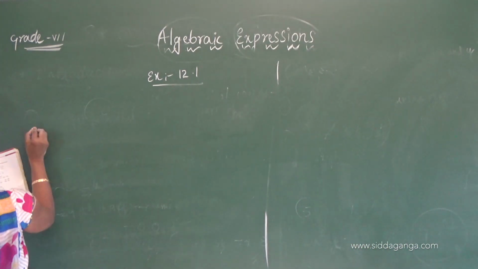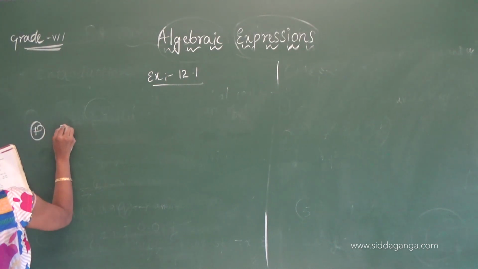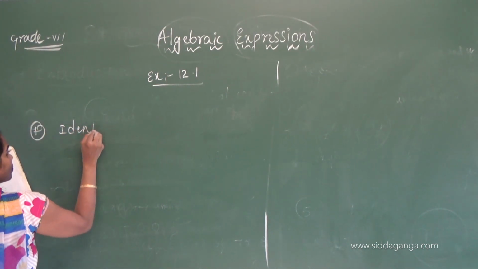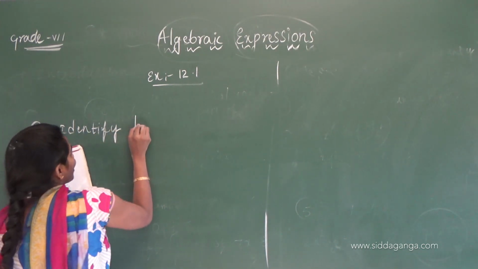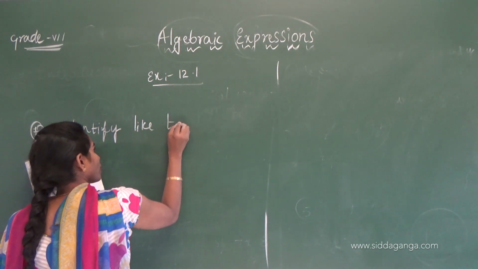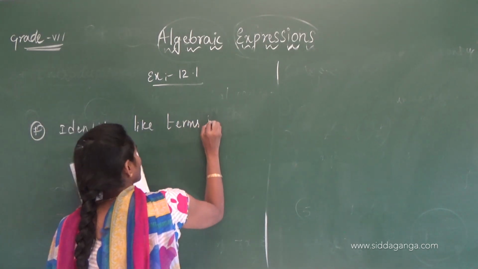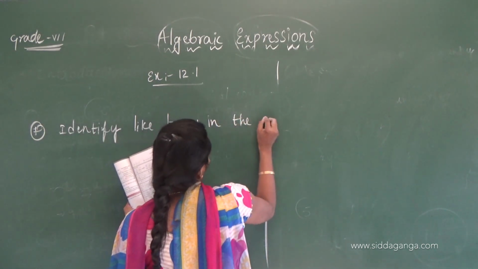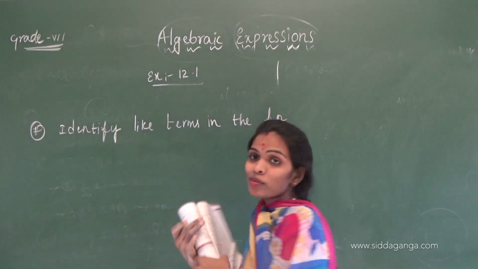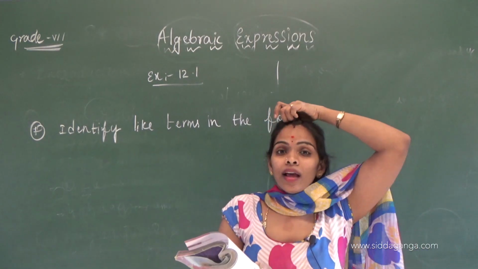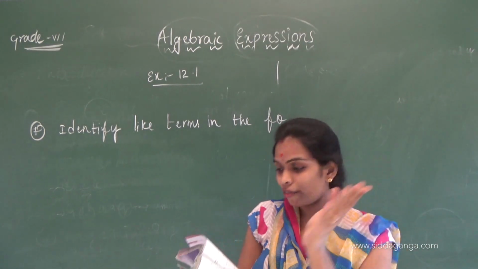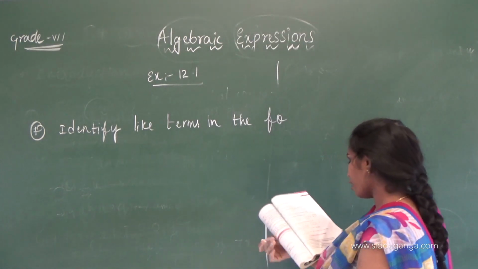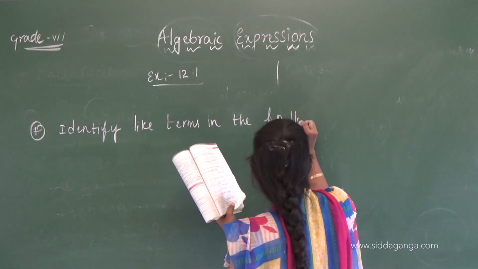Okay, 7th one, this is the last one. Identify like terms in the following. Like terms, what are they? The terms which are having the same literal factors, and the same consistency of literal factors also we can take.